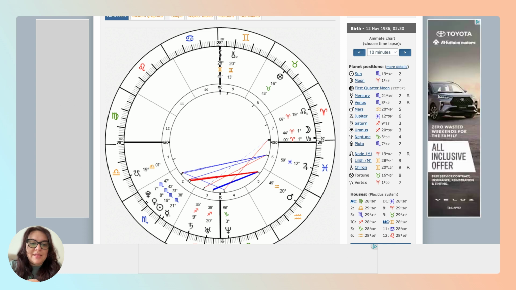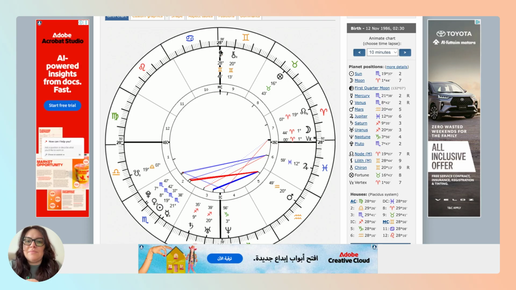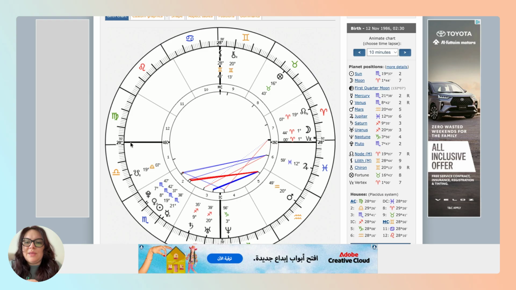You have the 4 cardinal points: ASC, the ascendant, IC, DSC, the descendant, and MC. The ASC, or the ascendant, the rising sign, is the cusp or the beginning of house 1.